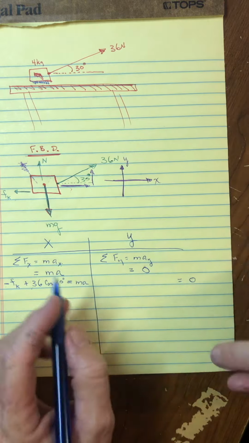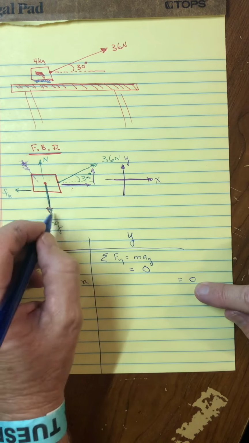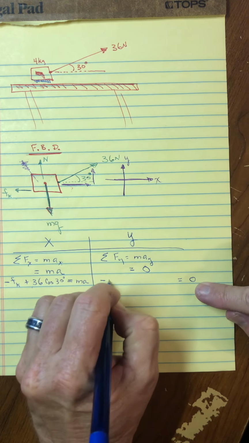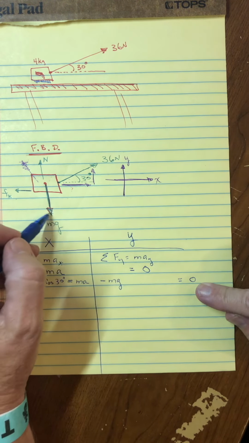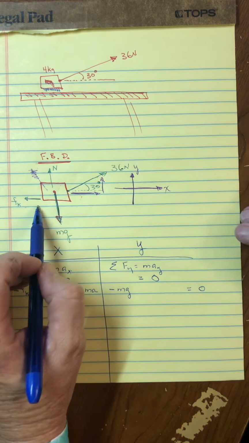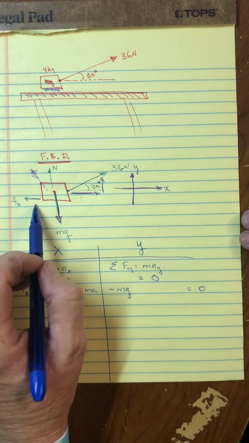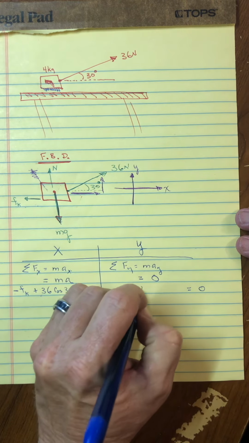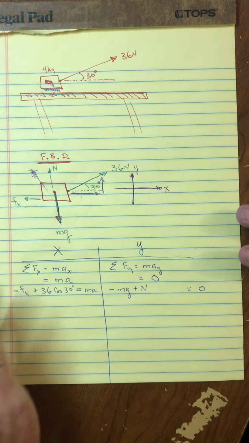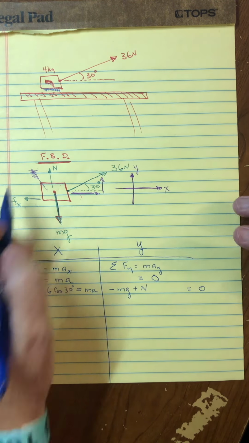All right, so let's go to the y direction. So going around the same forces, there's the force of gravity, which is all in the y direction and in the negative. So it's negative mg. The other force here, the force of friction, is nothing in the y direction. The normal force is all in the vertical direction.